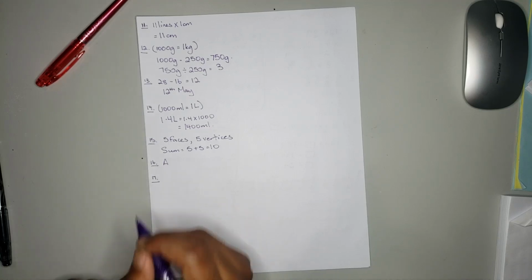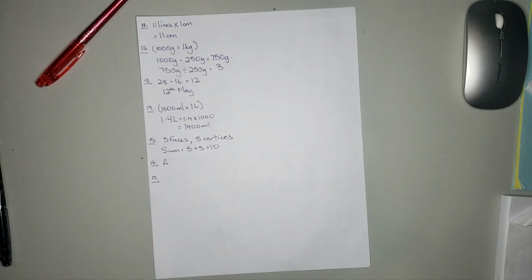Number 17. How many right angles are there altogether on the faces of a cube? Well, a cube is made up of squares, and there are 4 right angles in a square.